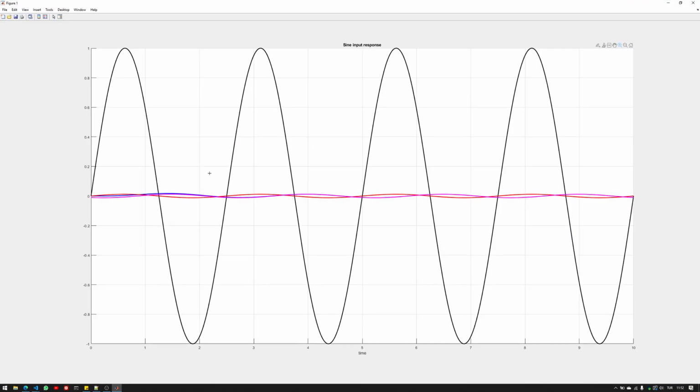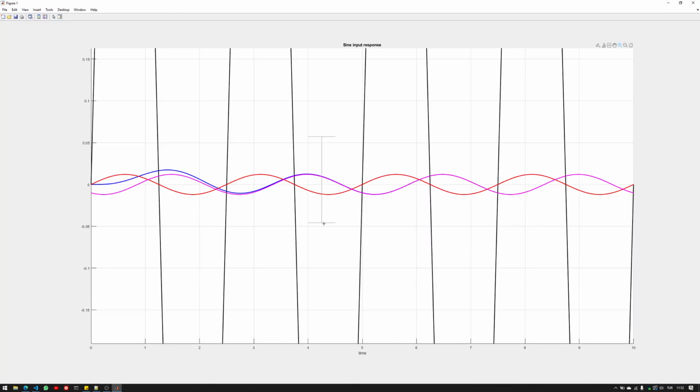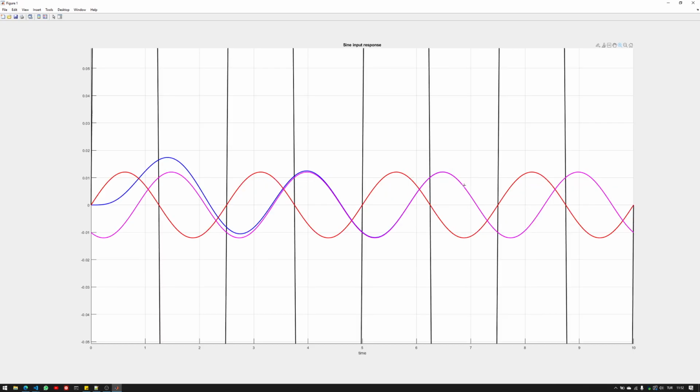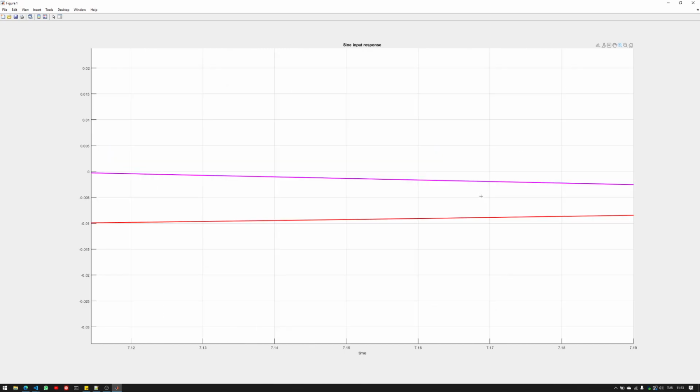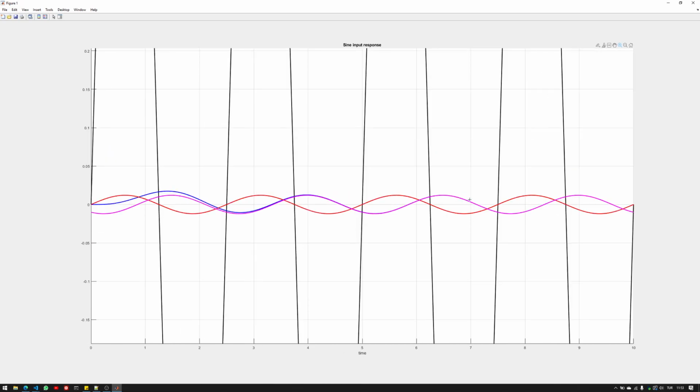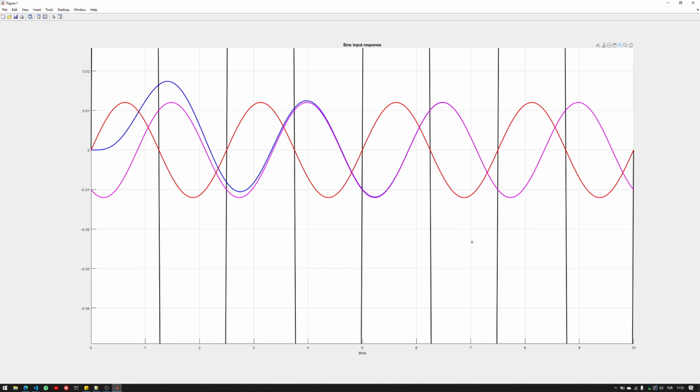Now, as you can see, in steady state, we have the gain of the transfer function and the phase of the transfer function, but only in the steady state. In the transients, you can see that there is a difference, but it approaches the gain and phase values of the corresponding frequency gain and frequency phase value.